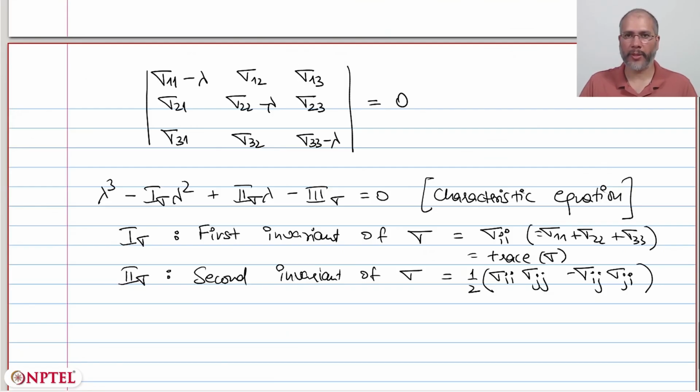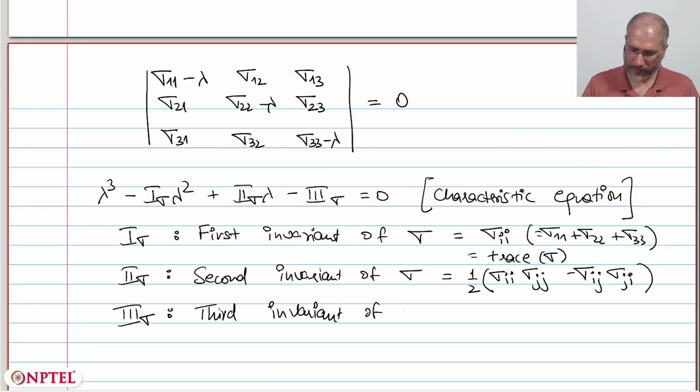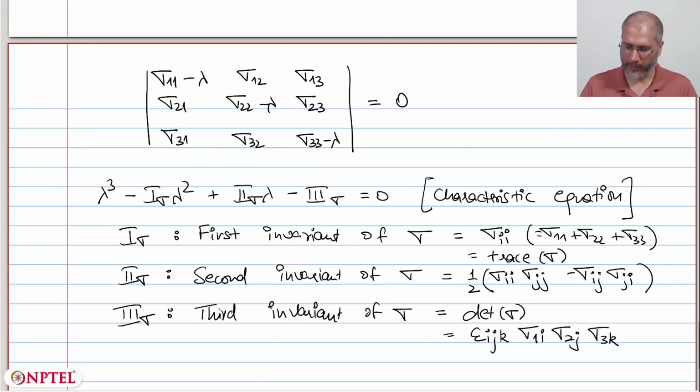Now, this coefficient in the characteristic equation is also an invariant. And the third coefficient, also known as the third invariant of sigma, is simply the determinant of sigma, which in the initial notation can be written as epsilon ijk sigma 1i sigma 2j sigma 3k.